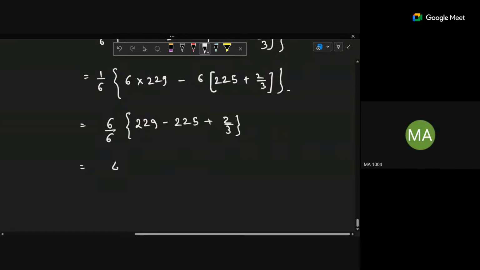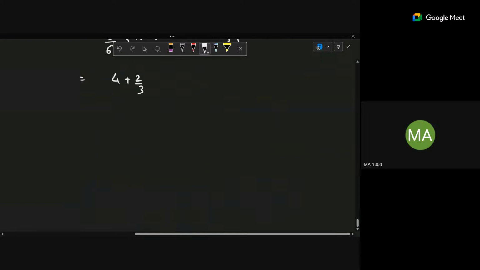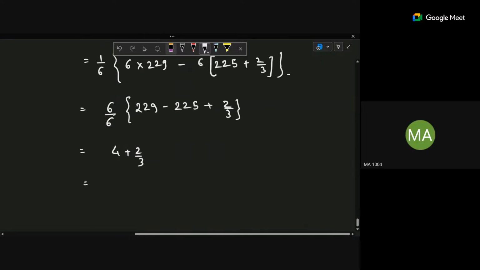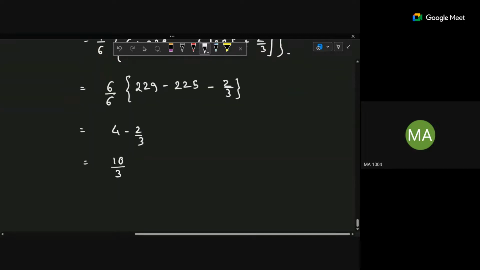So 4 plus 2 by 3? 14 by 3. Is it fine? Oh, just a minute. It should be negative, right? So 12 minus 2, 10 by 3. Okay. So this is the expectation of S square.